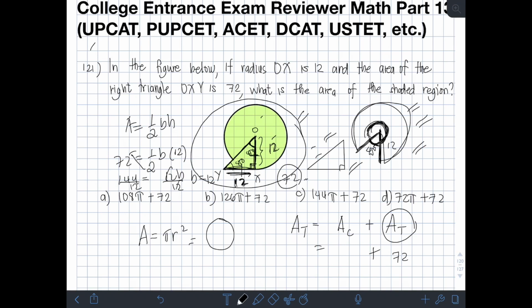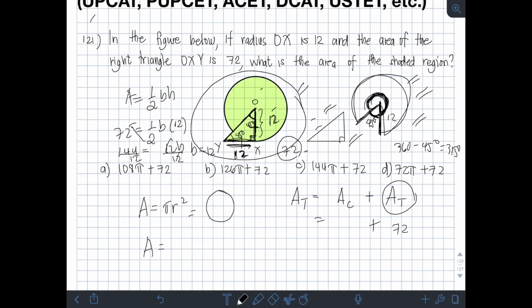So, ilan lang yung part ng angle na kukonsider natin dun sa circle? 360 minus 45 degree. So, ilan yun? 315. So, therefore, yung magiging area natin para dito sa partial circle is yung angle lang yan na 315 degree over 360 degree.